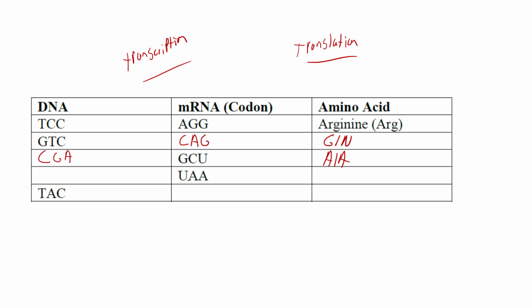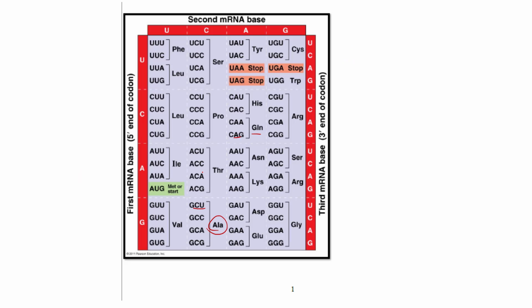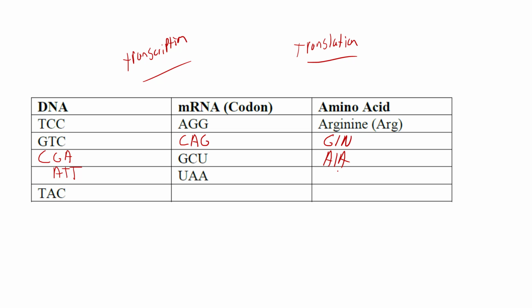What about the DNA that coded for UAA? That would have been ATT. And what does UAA code for? UAA is a stop codon. Okay, stop. What does TAC code for?